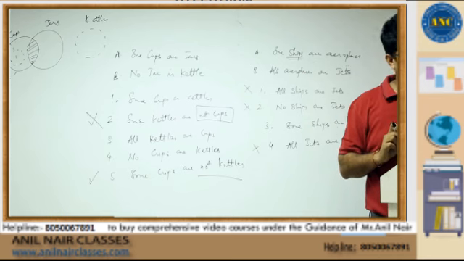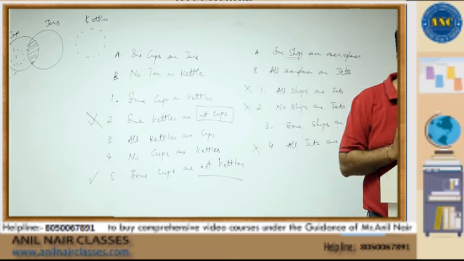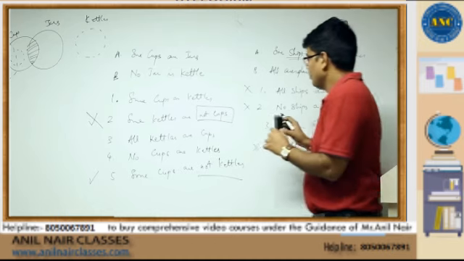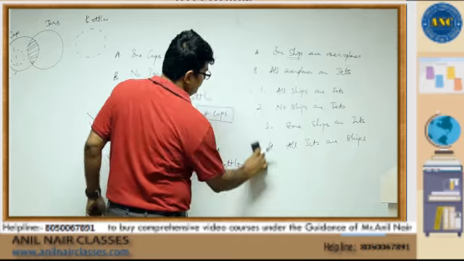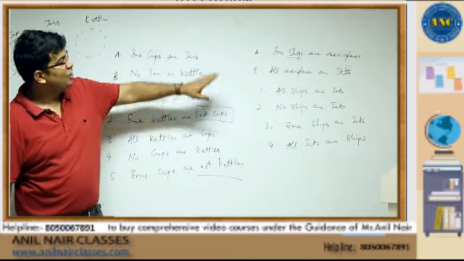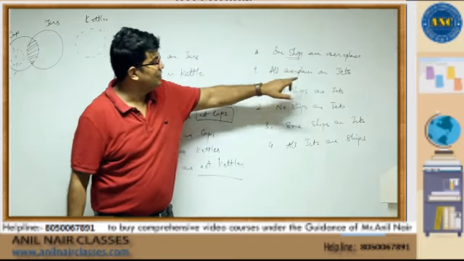If one of the premises is particular, the inference has to be particular. Now, using rule 3, this question becomes easy. Some ships are aeroplanes, all aeroplanes are jets.